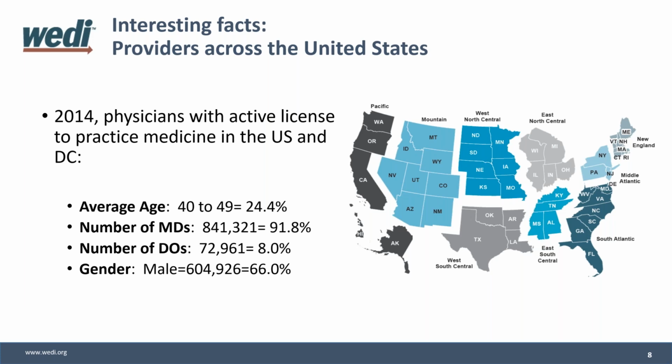And again, this is back from 2014 of individual physicians. Number of MDs compared to DOs, as you can see, is a big difference. MDs 91.8% versus DO 8%. And I know this information is back from 2014, but the data is still continuously proving to be a higher number of MDs versus DOs in our country.